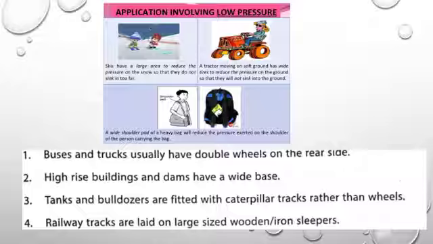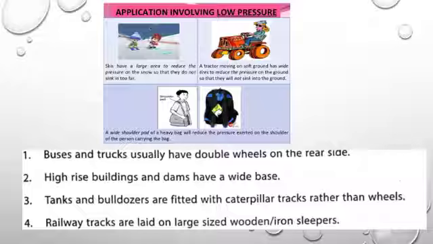To increase the area of contact, so that they do not sink into the roads or muddy roads. High-rise buildings and dams have a wide base so that they do not sink down into the mud or into the ground.